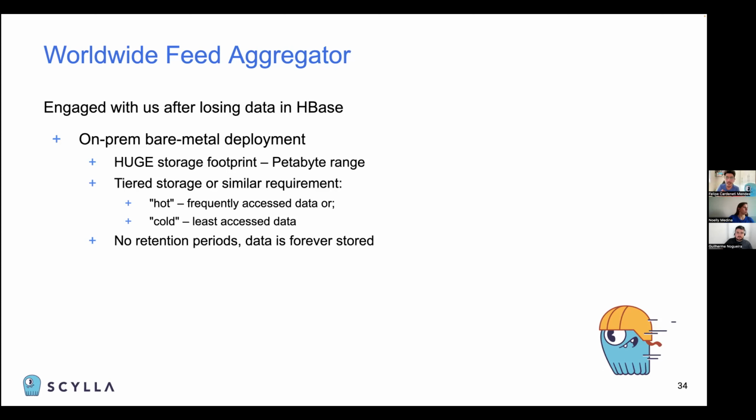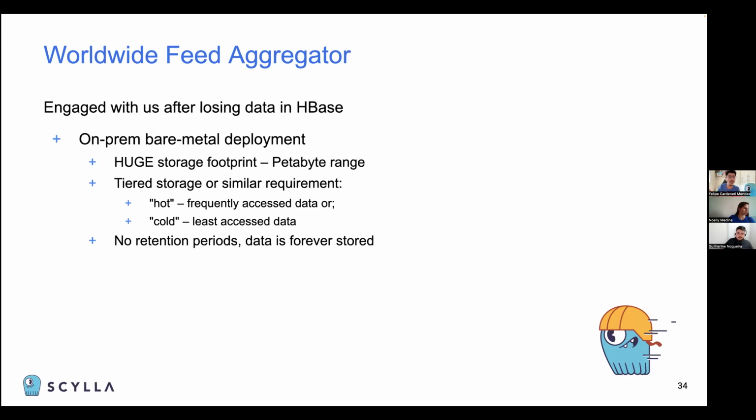As they were on-prem, they couldn't simply dispose of the existing infrastructure they had already set up for HBase, and they stated that they would like a feature similar to tiered storage, that is, their frequently accessed data would need to be quickly retrieved by the database in single-digit millisecond latencies, whereas their cold data would be least accessed, yet still relevant to their users.